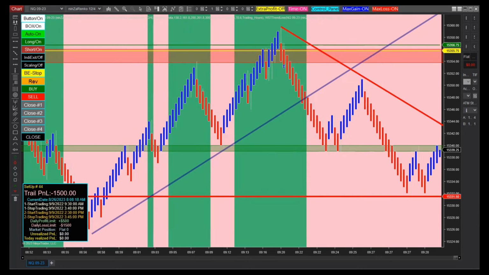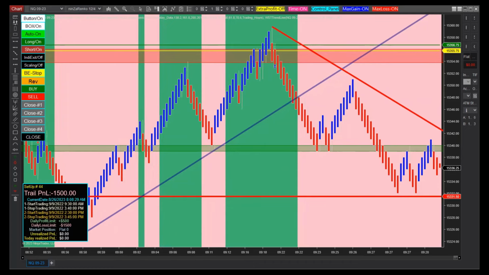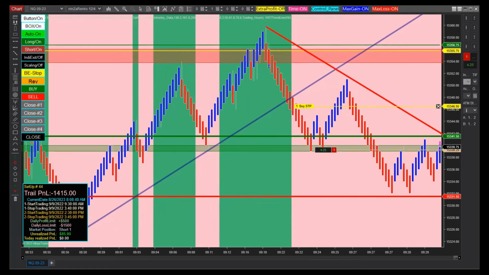So here is Thursday. By the way, this is the Renko 12.4, the brick size 12.4.